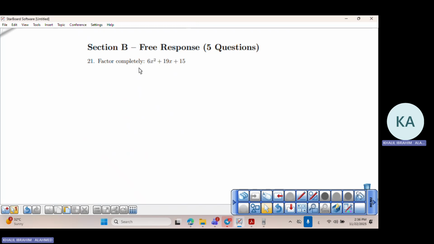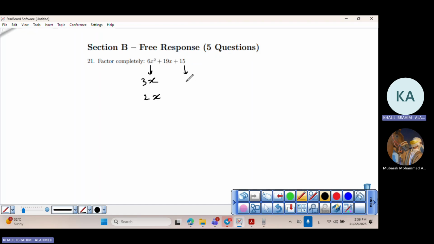How to factor completely? I can factor the first term and the last term. 6x squared, I can write 3x times 2x. And 15 equals 5 times 3.